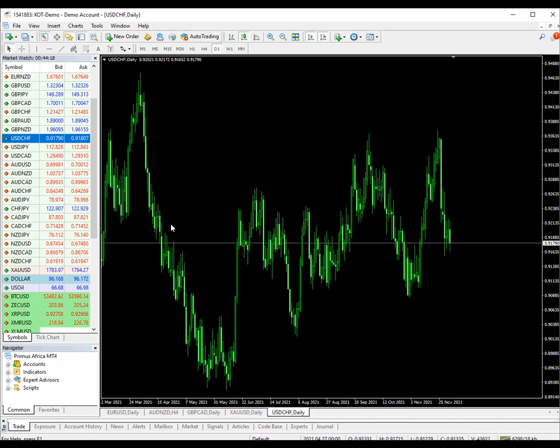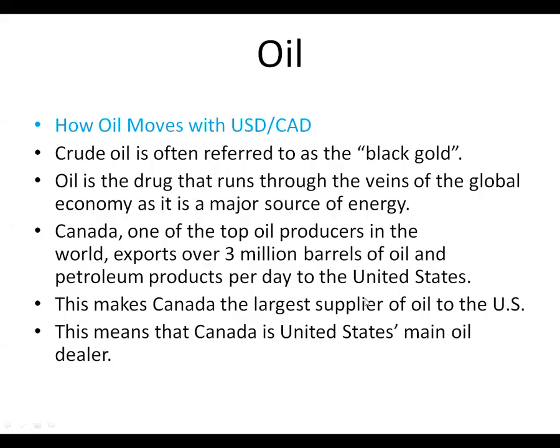This is on gold. Now let's look at oil. Let me quickly go back to the oil slide so that we look at how oil as a commodity also correlates with other pairs. Shall we? We are saying that oil also correlates with USD CAD. And how does that happen? Let's read the notes. Crude oil is often referred to as the black gold.